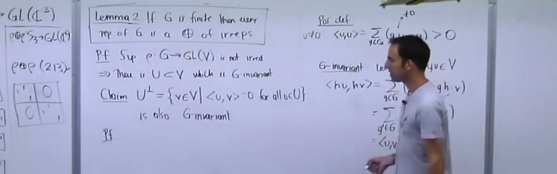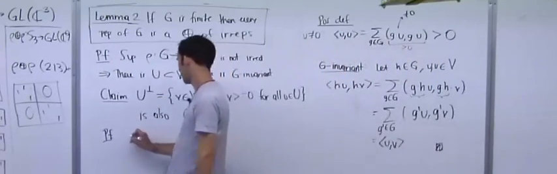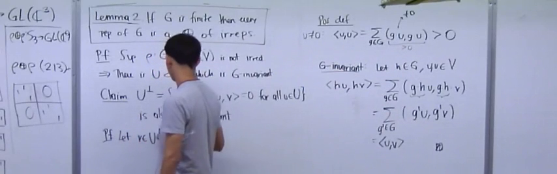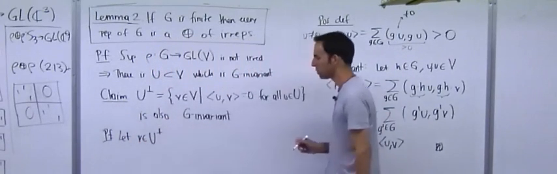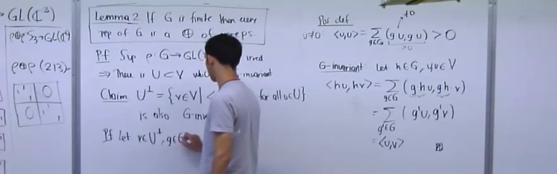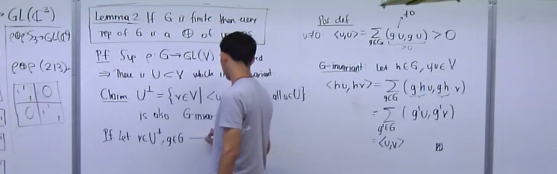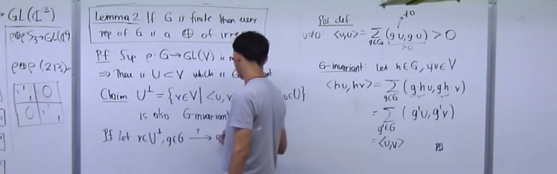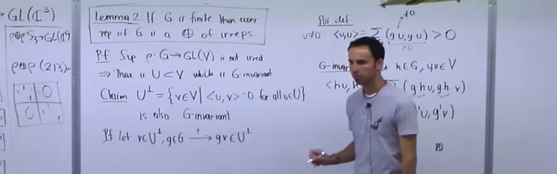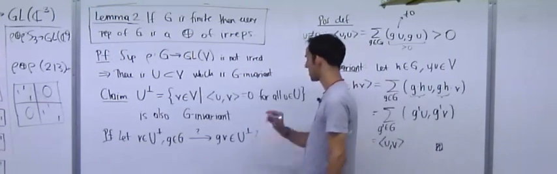How do I prove that? Well, what I do is that I take some V in U perp, I take some group element, and I check that GV is in U perp, right? What this means.